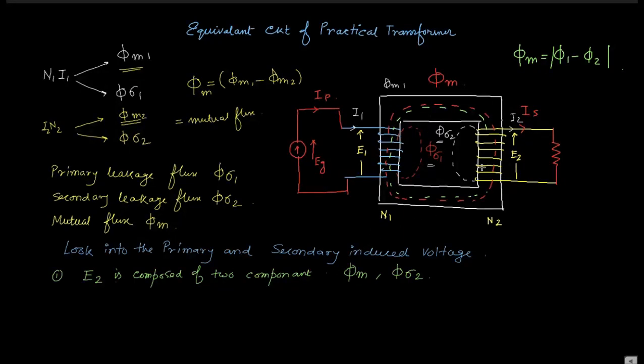But in the secondary side there is also another flux which is linked only with the secondary side. It cannot link with the primary side. That one is phi sigma 2. Phi sigma 2 is linked in the secondary winding, but it cannot go to the primary side. It doesn't have any effect on the primary side. It has an effect only on the secondary side.